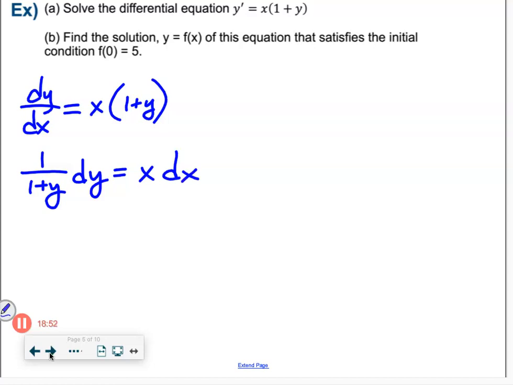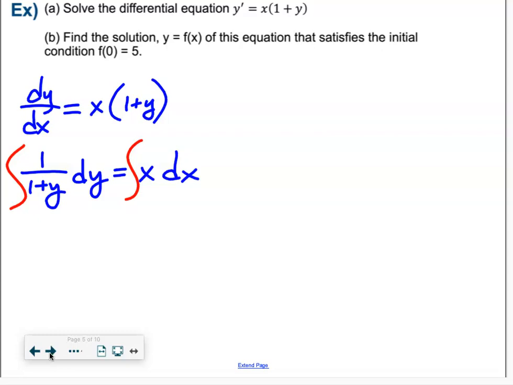Now, here's my little note before you jump into anti-differentiating. Do you remember when we were first learning integrals in Chapter 5, I taught you a little trick? If your argument is linear, you can think about what the antiderivative would be if it was just 1 over y, and then do the same thing with 1 plus y.